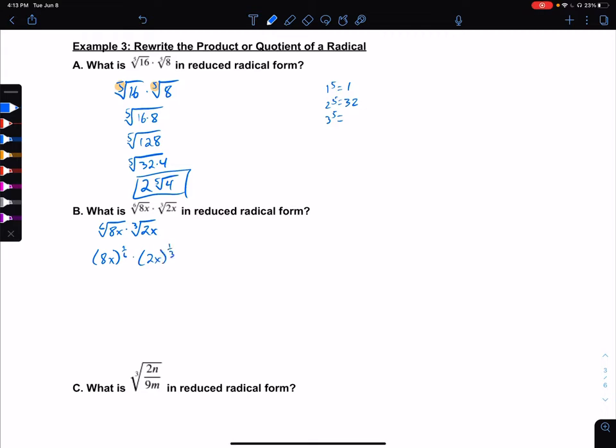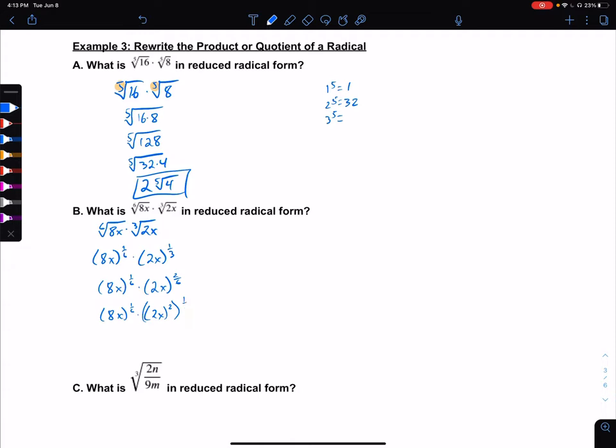And now, using my properties of exponents, since I'm multiplying the bases, I am allowed to manipulate my exponents a bit. I can change this to be 8x to the 1/6 times 2x to the 2/6. Moving forward, again, more manipulation here. I can then take this as 8x to the 1/6 times 2x squared to the 1/6 power.